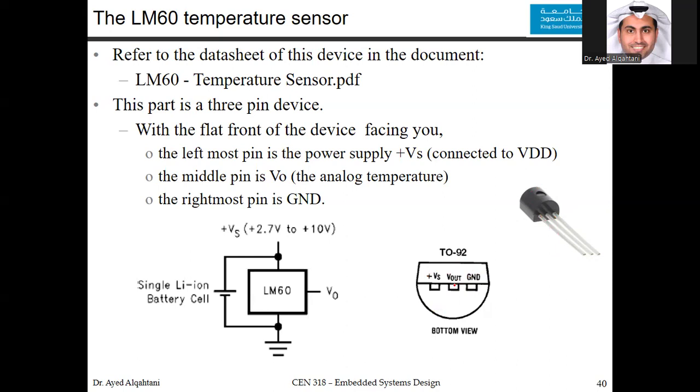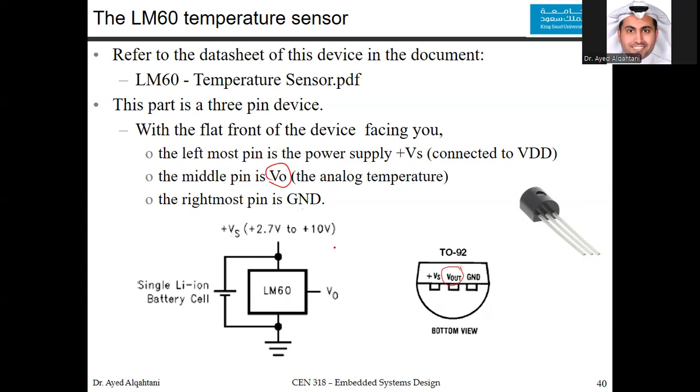So the sensor should convert the temperature, whether it's in degrees centigrade, Fahrenheit, whatever the value of the temperature, and it should generate a voltage at the output of the sensor. And it's generated this way. Now, the leftmost pin is the power supply, or the plus VS, connected to VDD, and the rightmost is the ground, and the middle pin is the V output, or the analog temperature in voltage form.